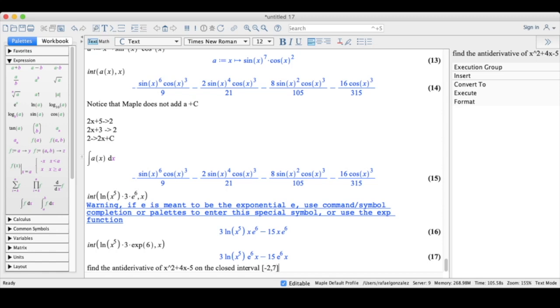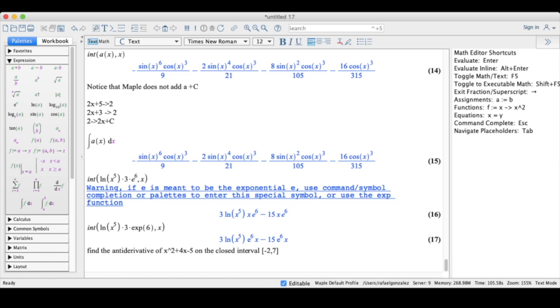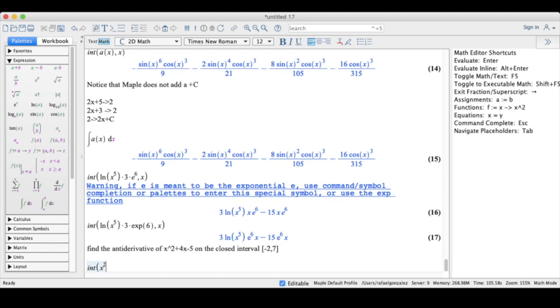If you were asked to do something like this, then you could simply just say int, make sure your math mode, int for integration, and then you could say, well, what's your function? My function in this case is x squared plus 4x minus 5, and I'm taking this derivative on the interval x. And now to do the definite integration, we do equal.